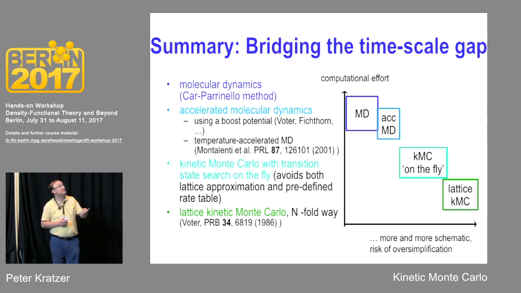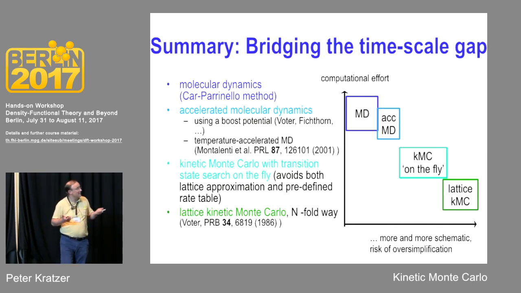Some methods are intermediate. So essentially, it's a trade-off between computational effort, where MD is highest, and the risk of oversimplification or the risk of omitting something important, which is clearly there in these lattice methods.